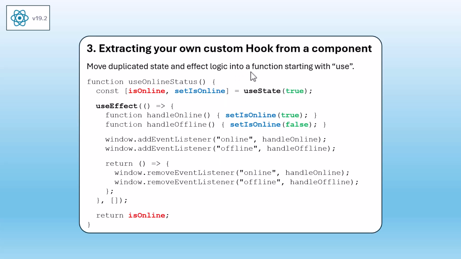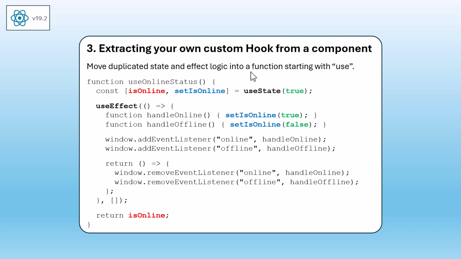3. Extracting your own custom hook from a component. To perform the extraction, we take the repeated state management and event subscription logic, move it into a separate function that follows the convention of a hook, and then call that function inside each component instead of re-implementing the logic in each component directly.